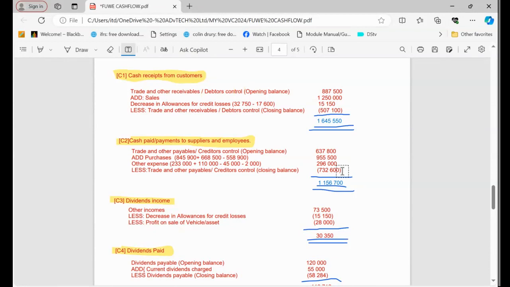Minus 732,600? Yes. Maybe I used the calculator incorrectly, let's do it again. Who knows? You never know. I'm using my calculator, use your calculator on that side. 887,500 plus 1,250,123 plus 150 minus 507,100.